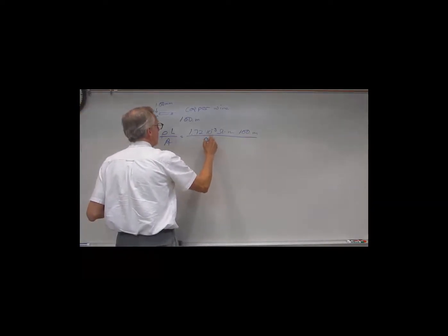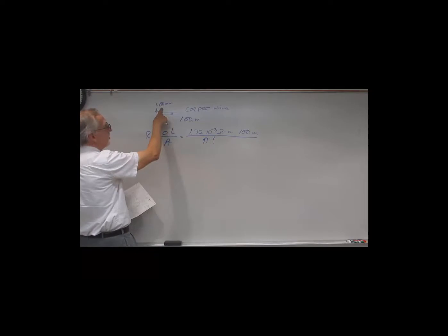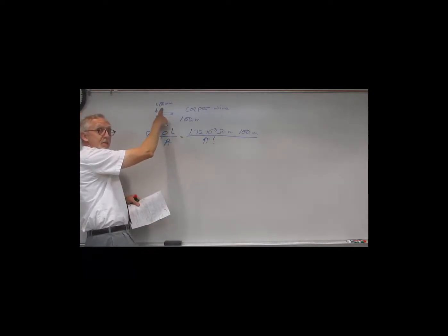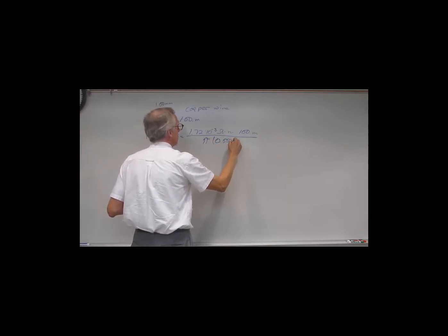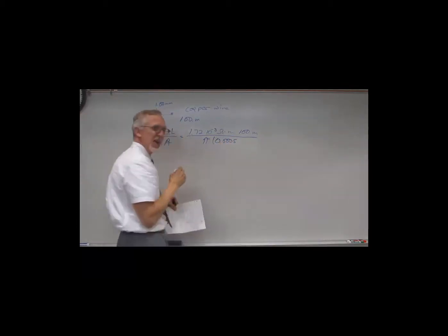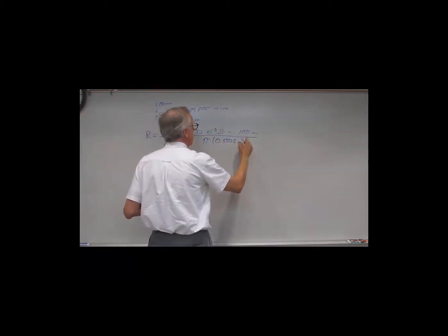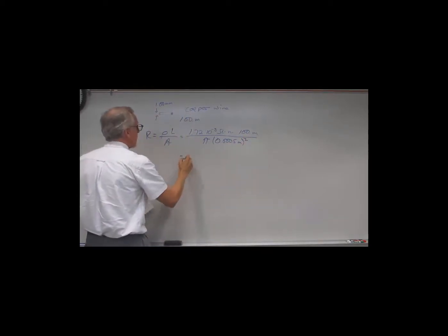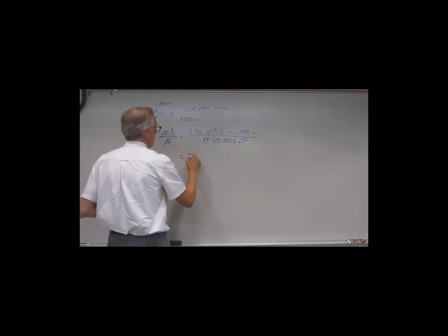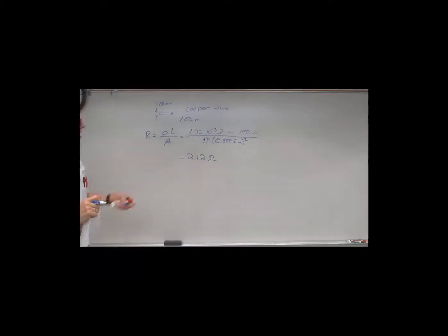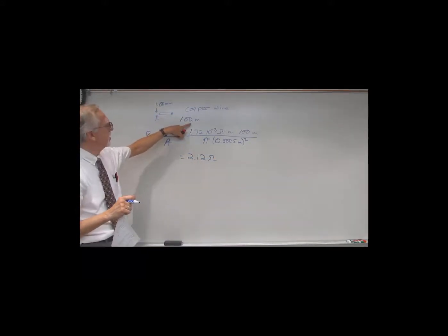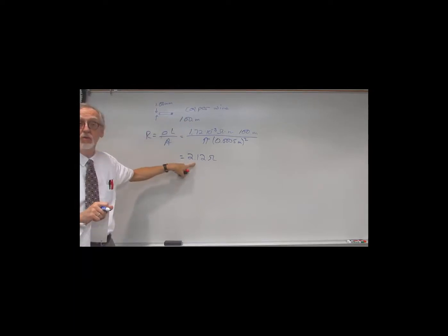So pi times r, well, if the diameter is 1 millimeter, the radius will be half a millimeter, or 0.0005 meters squared. We divide that out, and what do we get? We get 2.12 ohms.